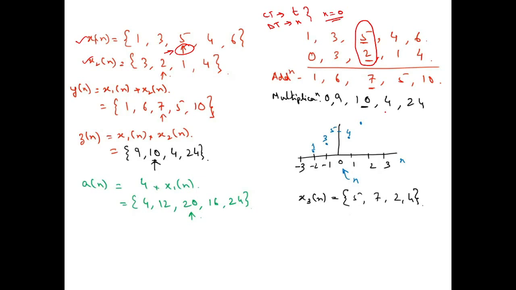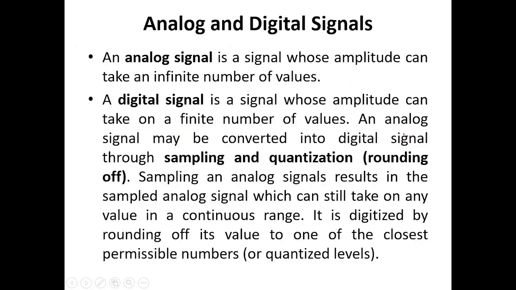Then again, if you want to plot the result, so 0, 1, 2, 3, 4, n will be going towards the right hand side, towards the negative side also, and then just put the values 1, 3, 5, 4, something like that. So you will be able to plot the values. Then analog and digital signals, I have already told you, sampling, quantization.